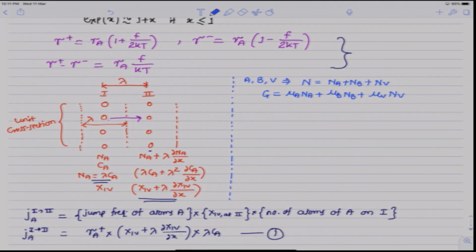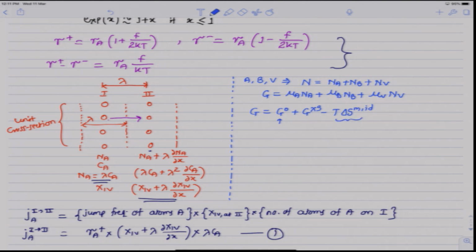Now, G can also be expressed, for any homogeneous alloy, as G0 plus Gxs minus T delta Sm ideal. In this expression, G0 is the Gibbs free energy before mixing.